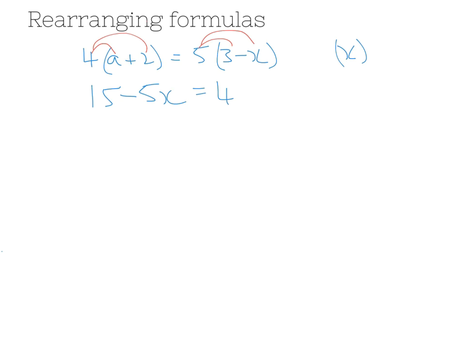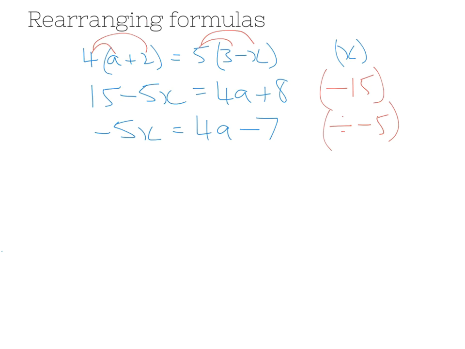So we have 4a plus 8. We'll now subtract 15 to get rid of it from the left-hand side. So on the left we have negative 5x, and on the right we have 4a plus 8 minus 15, which is minus 7. We have a minus 5 on the left to get rid of, so we divide both sides by negative 5. So on the left we have x, and on the right we have 4a minus 7, all divided by negative 5.